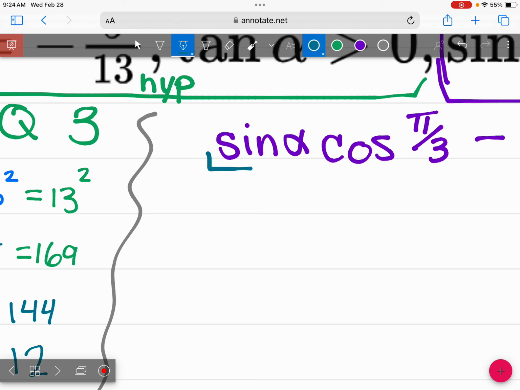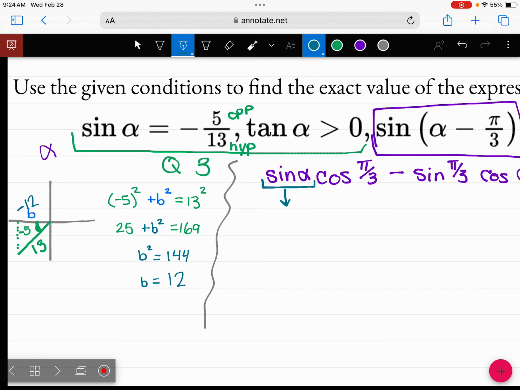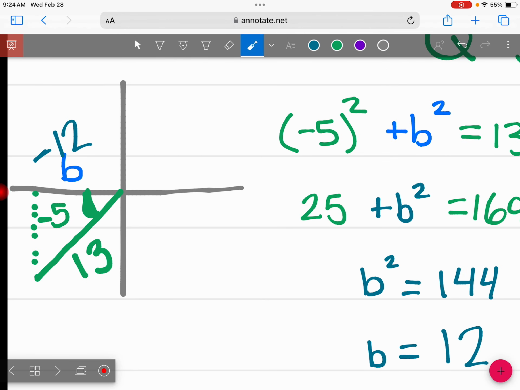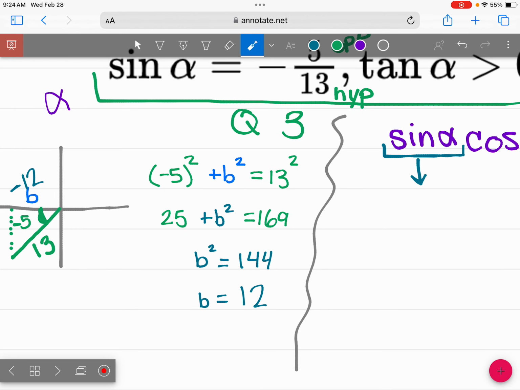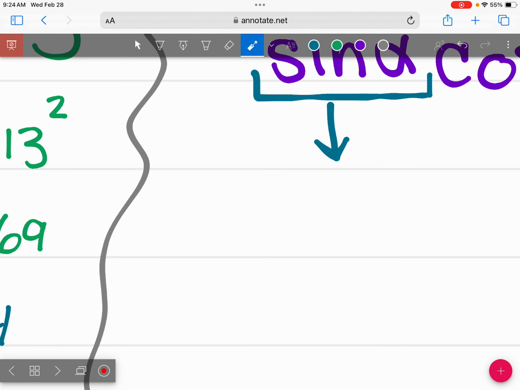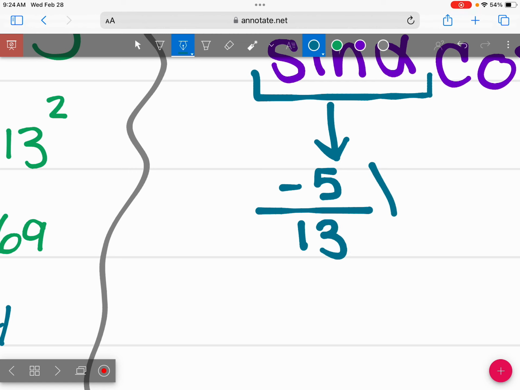We want to find sine of alpha. So over here, we have a lot of information about alpha. We also have up here, sine of alpha. So you can figure out from the picture, or in this case, we have one given to us. Our opposite over hypotenuse, negative 5 over 13, is sine of alpha.